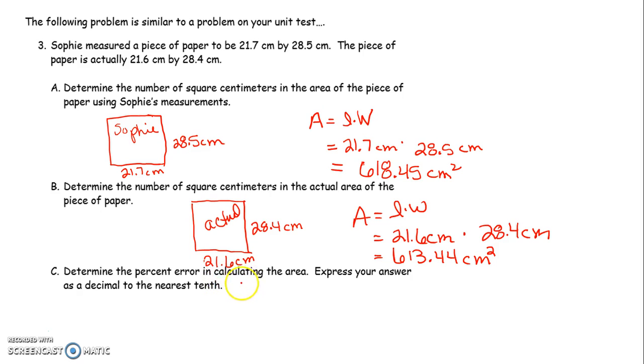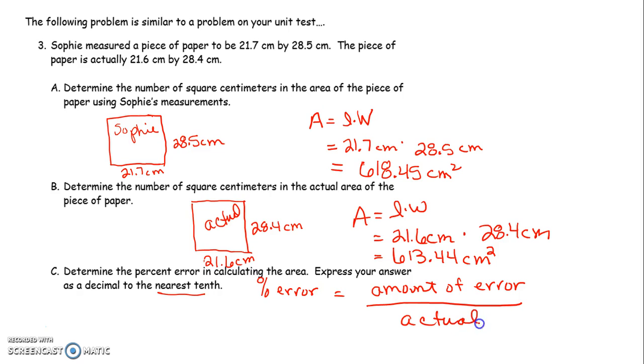Determine the percent error in calculating the area expressed as a decimal to the nearest tenth. Okay, so percent error is your amount of error, some might call it the absolute error, over your actual amount times 100 to convert that decimal to a percent. Okay, so I look here.